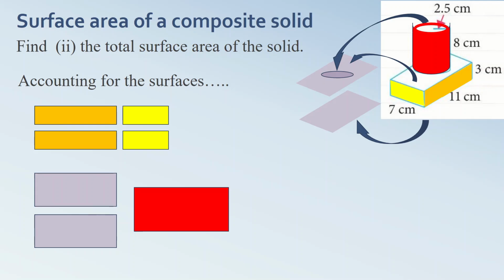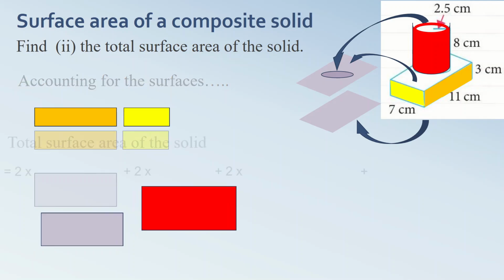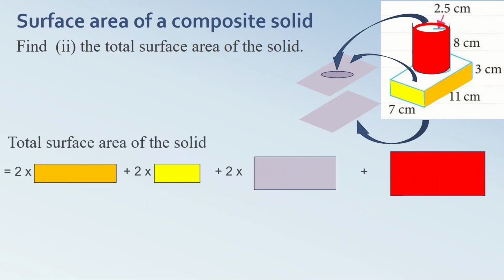Now we are ready to calculate the total surface area of the solid. Taking stock of the different types of rectangles, we have 2 orange, 2 yellow, 2 purple, and 1 red rectangle. Carefully transfer the respective dimensions of the rectangles.